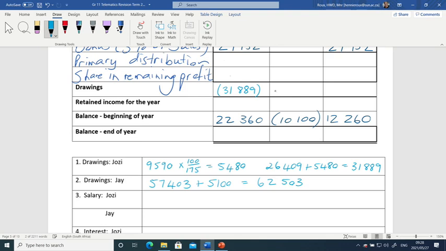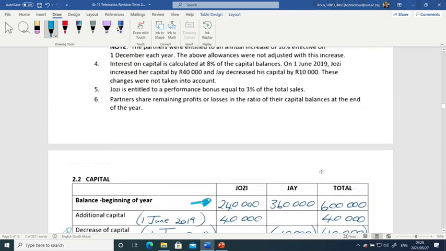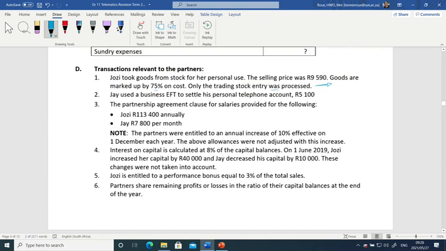So there's the drawings for J, 62,503, and if we add those two, then we see the drawings total 94,392. Okay, so we're done with the first two. Josie took stock, Jay used a business EFT.